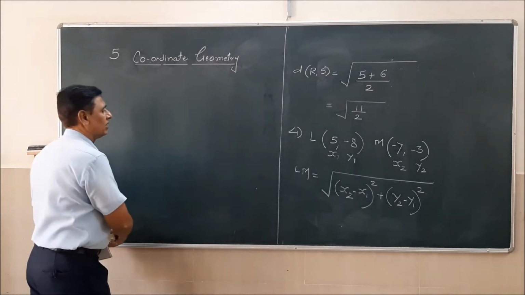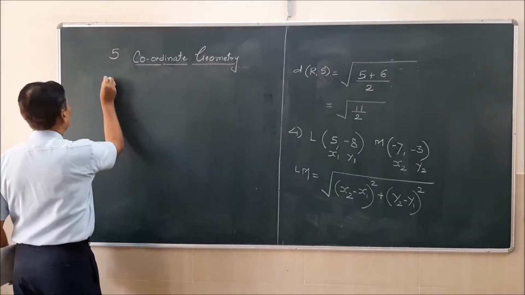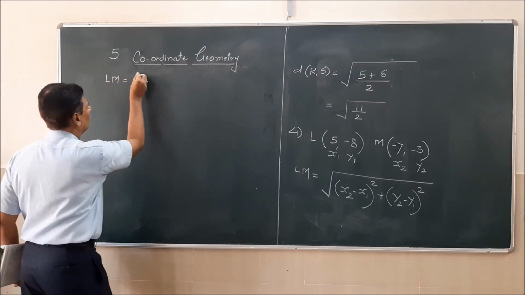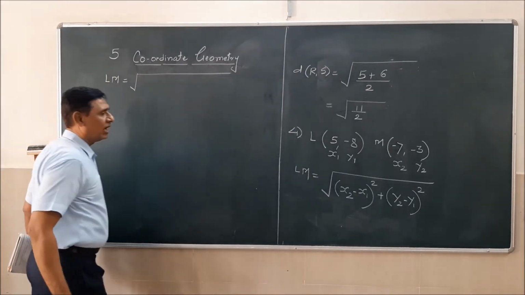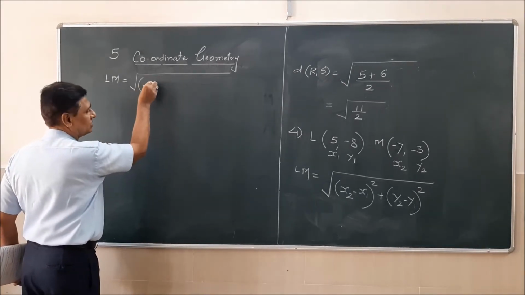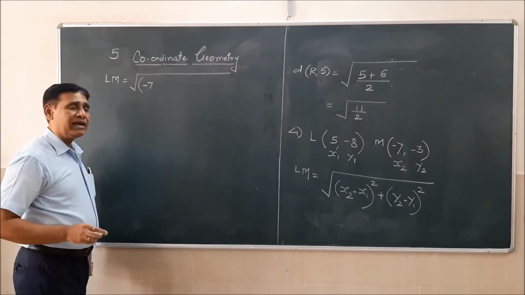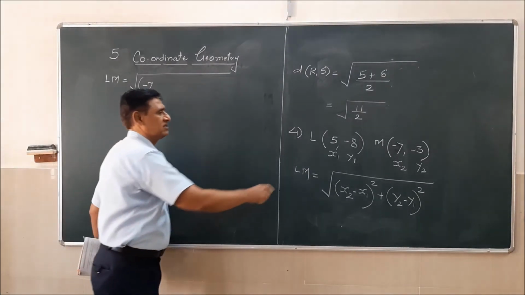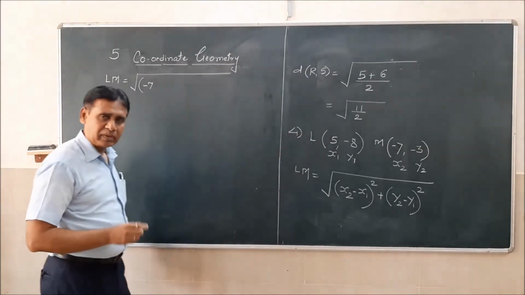The next step will give us Ln is equal to root of, value of x2 is minus 7. So minus 7 minus x1, no problem at all, because you will find the sign of 5 is plus.